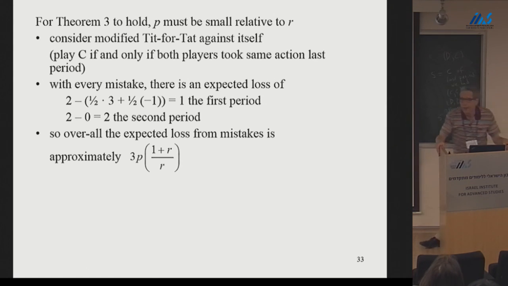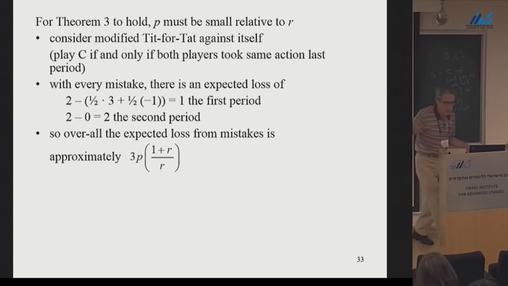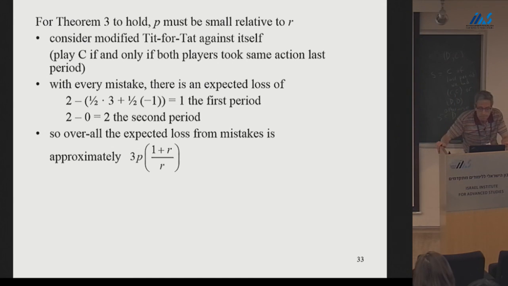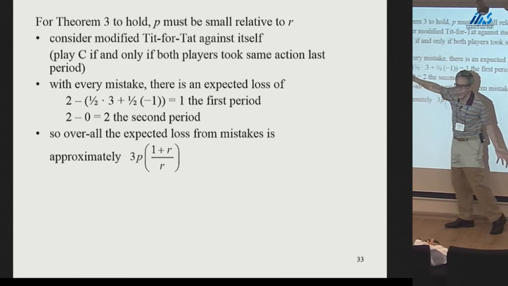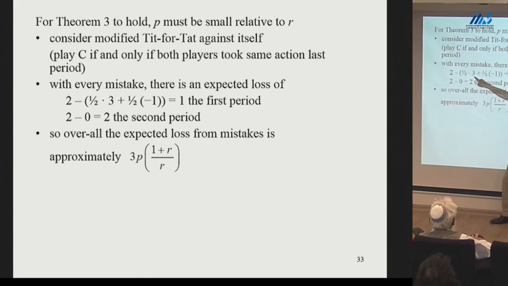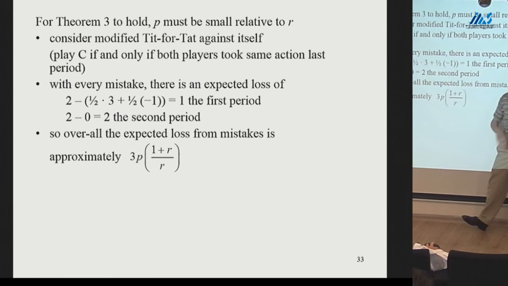Every time there's a mistake made, if say player 1 deviates, there will be a loss in overall expected payoff. 2 is better than 3 minus 1. In the period where the mistake is made, the loss is this expression here. This is what a player would get if there were no mistake. This is his expected payoff when a mistake is made.